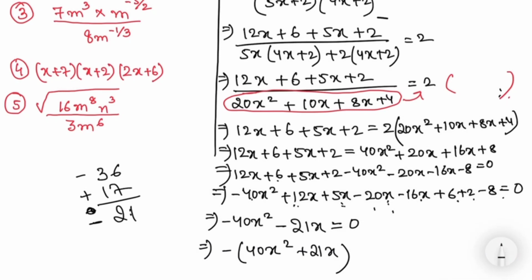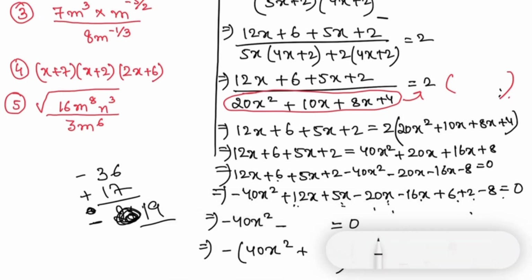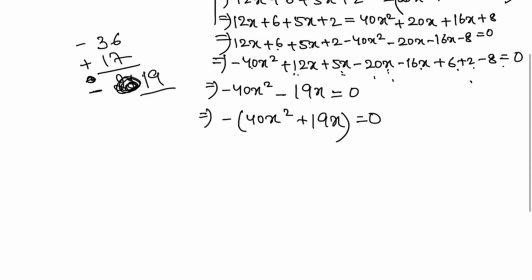So it will be how much? 19. Okay, so it will be 19x, not 21x. That's why I was thinking that something is wrong. Okay, now 19x equals 0, so finally it becomes 40x square plus 19x.